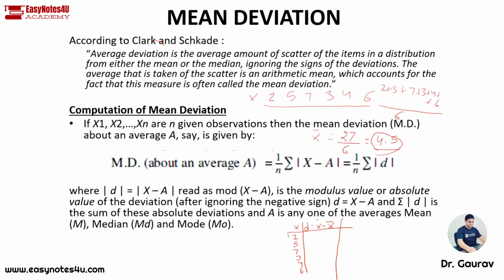So x minus x bar: 2 minus 4.5, how much will it be? It will be 2.5.